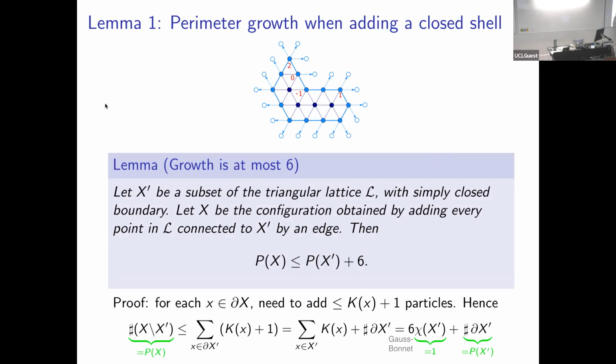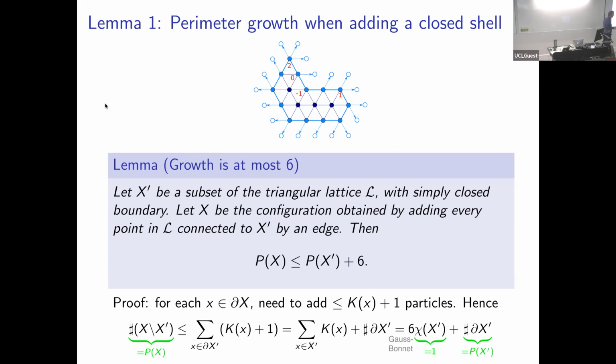I add one layer of atoms around the thing. You add every point in the lattice which is connected to the previous configuration by one edge. These are these white particles here.